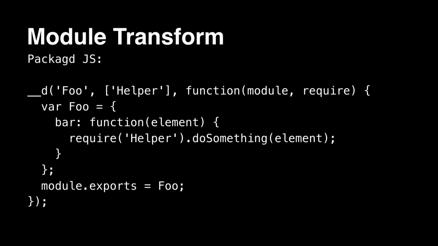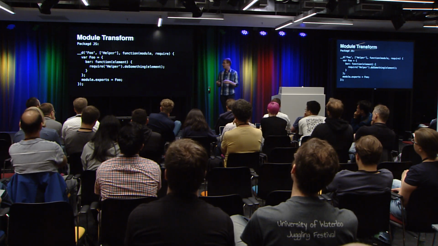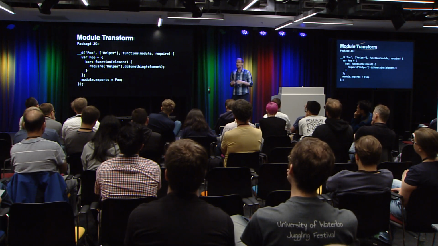And so instead of requiring that the helper module is executed before you execute the foo module, we just require that helper is downloaded. And when you call require, that will be the thing that actually calls the factory for helper. And so we're going to great lengths here to take advantage of the way that lazy parsing works.